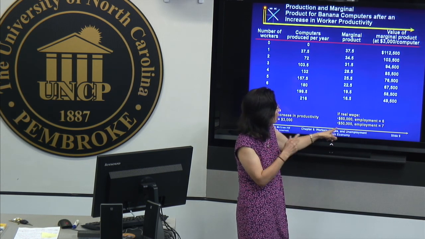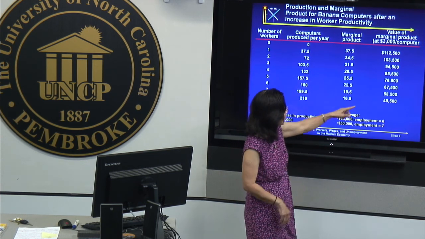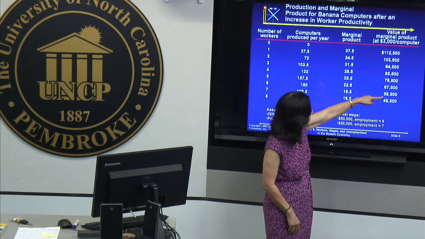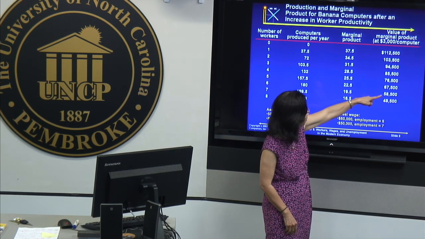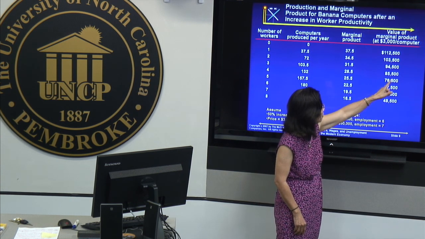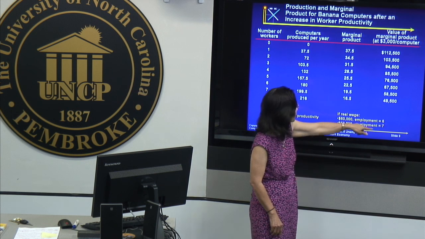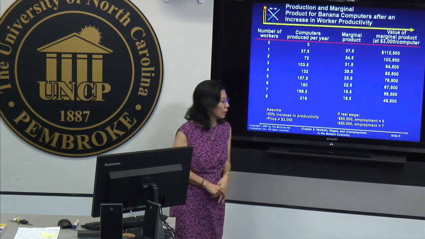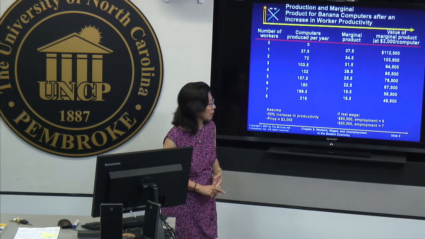But if it is 50K, lower, you want to hire more. So you could push 1 more. This one is not okay because VMP is still higher than 50K, but not here. We draw a line here, count backward, 1, 2, 3, 4, 5, 6, 7, so 7. Okay, so you have 6 and 7.